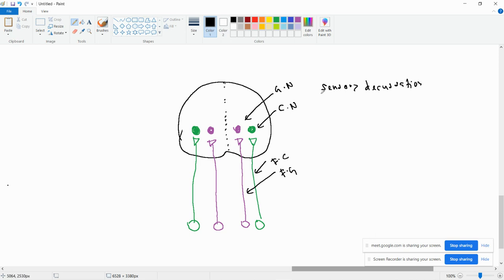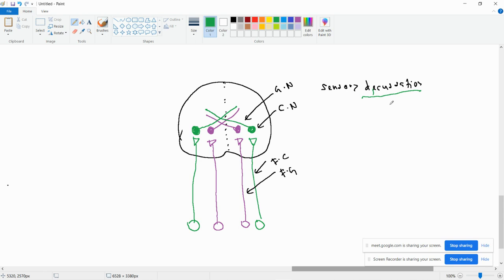Once the gracile nuclei and cuneate nuclei receive sensation from the fasciculus cuneatus and fasciculus gracilis, this fiber, what can you see here, class? What is the name of this crossover? Decussation.